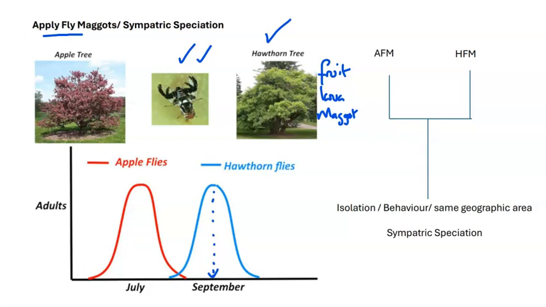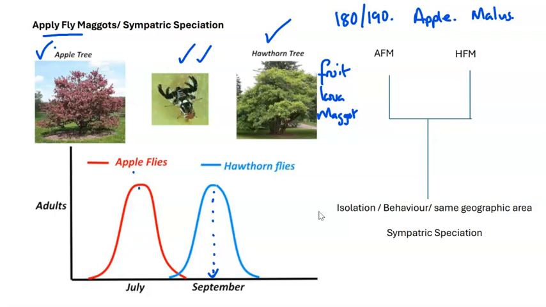Now, approximately 190 years ago, the apple tree was introduced into the United States. Malus is the genus of the apple tree. And what happened was that some of these flies switched their host to the newly available apple trees, and so their maggots were now beginning to grow in the apples.